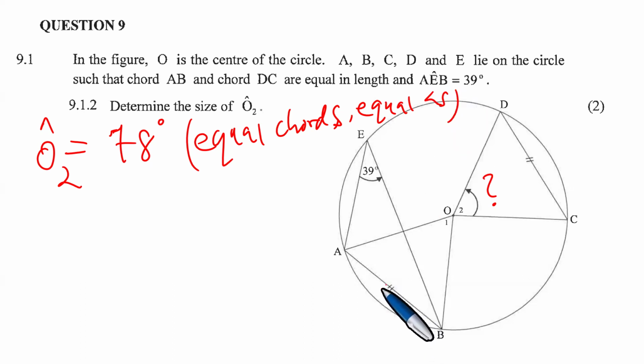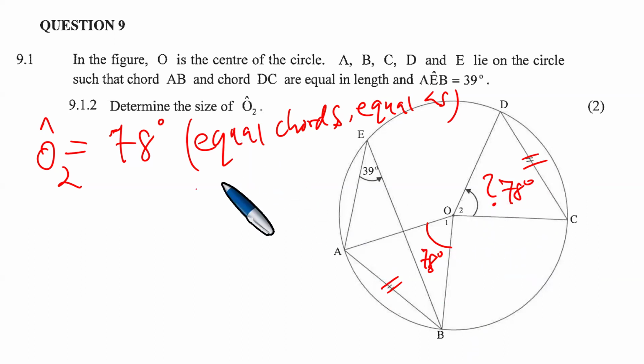These chords are equal here and equal angles there. We found first that this angle was 78 degrees. Now, because this chord equals that chord, this angle here is also 78 degrees, because angle O1 is subtended by a chord that is the same length as this.